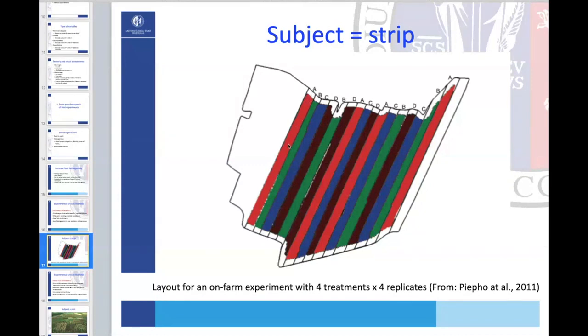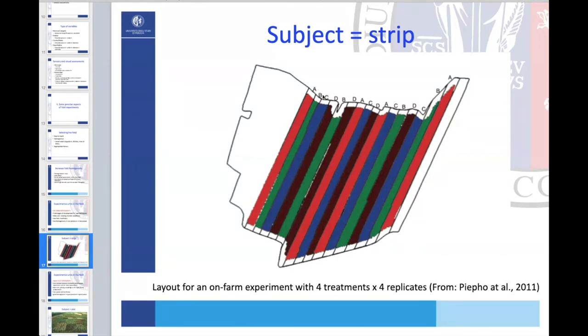You see, here in red, you have a strip which was treated with A. For example, it was sown with a particular genotype, or it was cultivated with a particular technique.